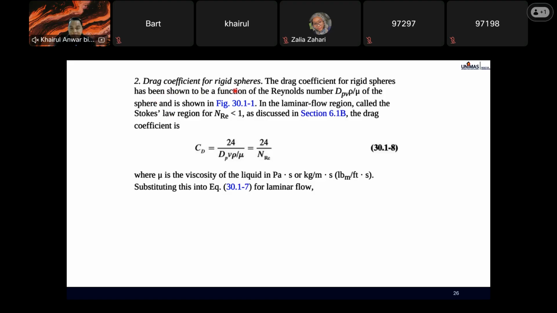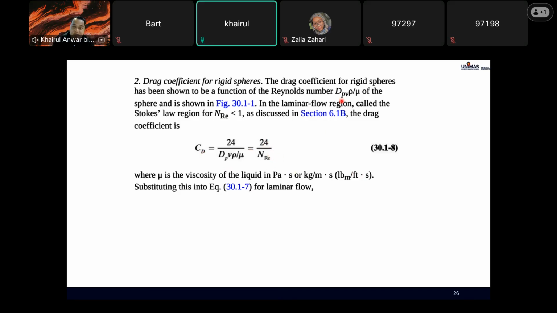Next is the drag coefficient for a rigid sphere. The drag coefficient for a rigid sphere is shown to be a function of the Reynolds number, Dp v rho over mu, shown in Figure 30.1-1. In the laminar flow region, called the Stokes flow region, for NRE less than 1, the drag coefficient is 30.1-8, CD equal to 24 over NRE.